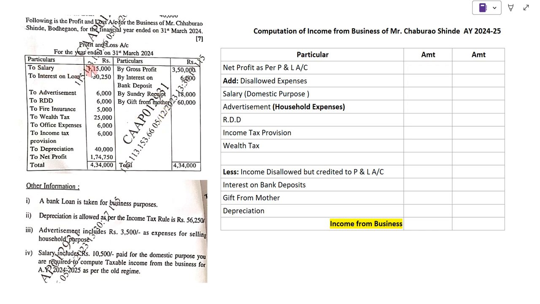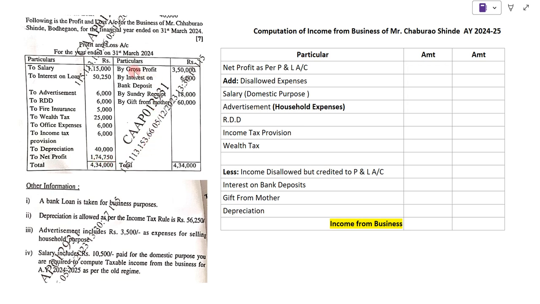Now salary is given 1,15,000, interest on loan 50,250, advertisement 6,000, to RDD 6,000, fire insurance 5,000, wealth tax 25,000, office expenses 6,000, income tax provision 6,000, depreciation 40,000, net profit is given 1,74,750.